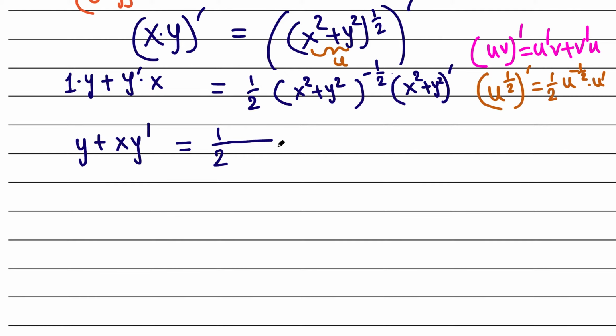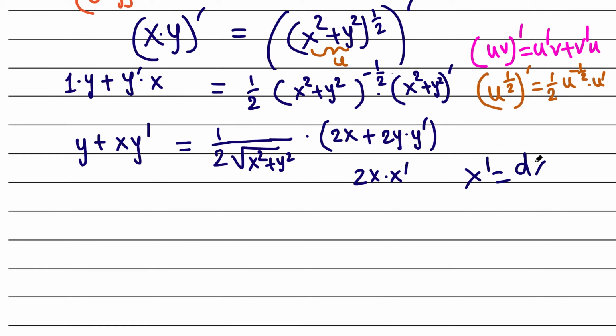And something raised to 1/2 means we can write square root, times, inside here now the derivative of x squared, 2x, plus derivative of y squared, that's 2y times y prime. You may write here 2x times x prime, but x prime is 1. X prime means derivative of x with respect to x, so that's 1. That's why we don't write that prime. Okay, so pretty much we are done with the derivative.